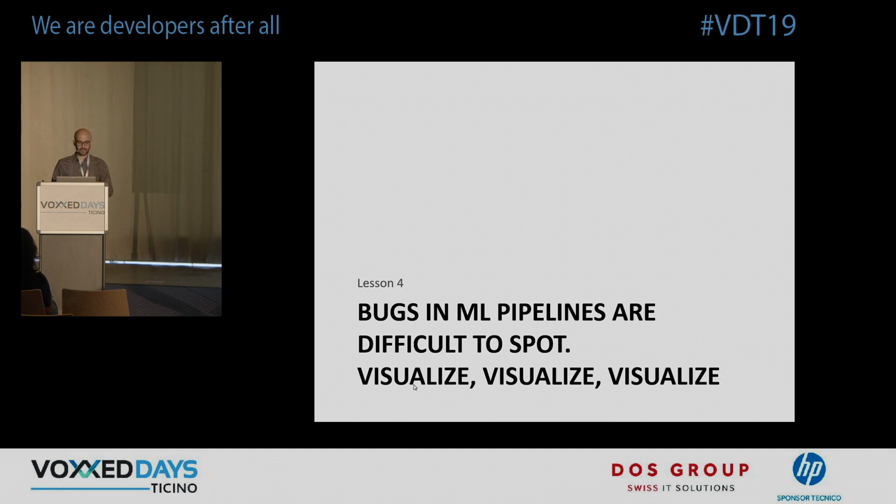And this happens all the time. The reason why it's difficult is that models will just eat your data. If your data is wrong, nobody tells you, oh, look, this data doesn't make sense. Models will try to do their best. And often their best is actually better than you expect on data that is wrong in some way.